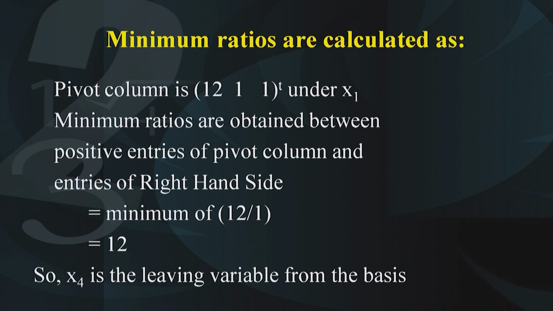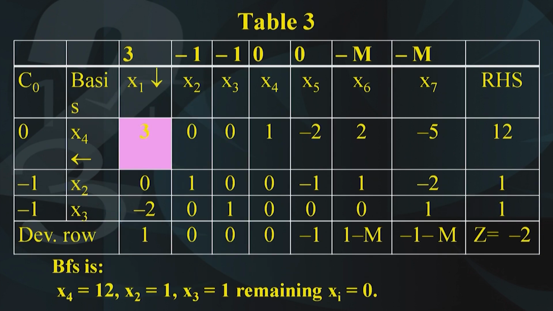So, there is only one, because you find that the second entry should not be considered because it is 0, and the third entry should not be considered because it is minus 2. We need to look at only the first one. So, the first one is 12 by 3.